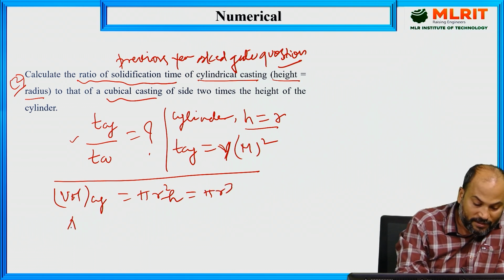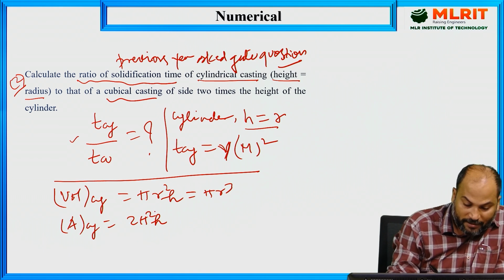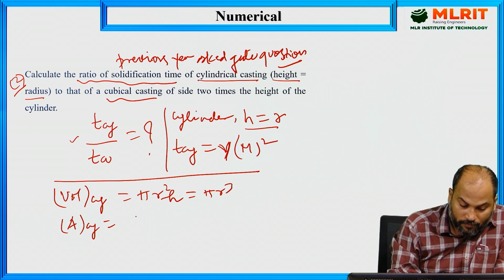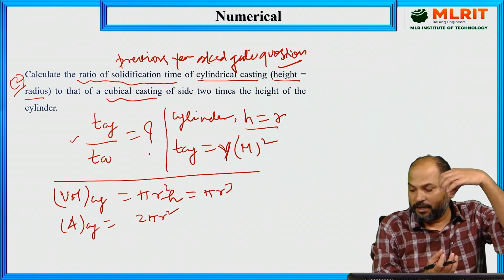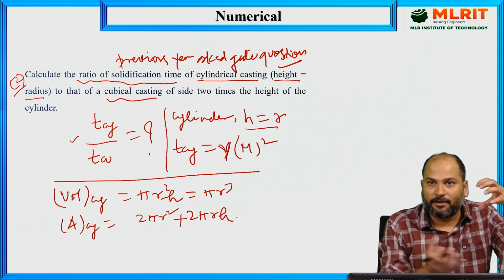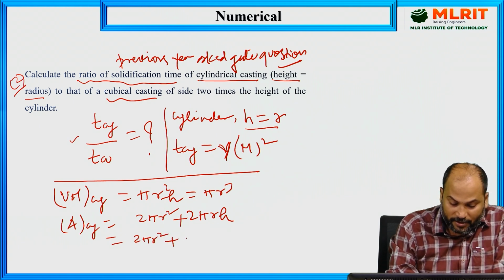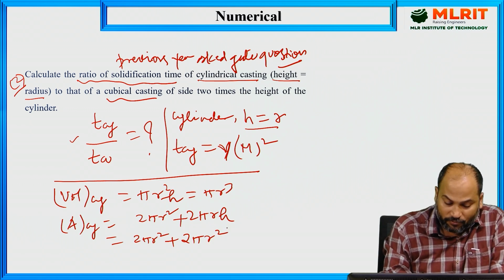What will be the surface area of the cylinder? It is 2 pi r square, for the 2 circular sections, one on the top and one at the bottom, plus 2 pi r h, the area of the curved part. Since r and h are both equal, in terms of r we can write 2 pi r square for the second term.